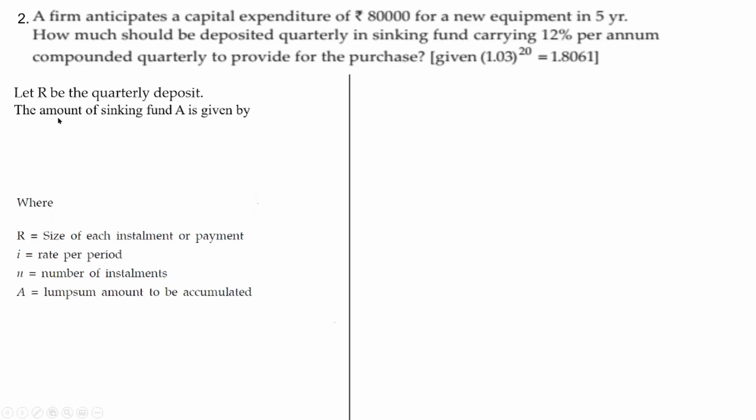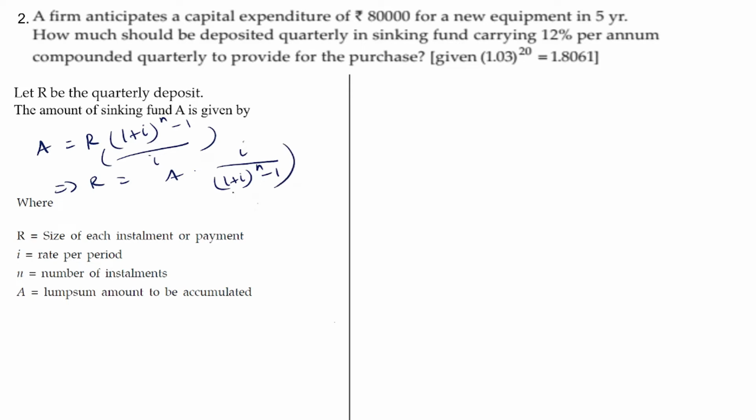Now let R be the quarterly deposit. Then the amount of the sinking fund A is given by A is equal to R into (1 plus I)^N minus 1 upon I. Or from this we can write R as A into I upon (1 plus I)^N minus 1, where R is the size of each installment, I is the rate per period, N is the number of installments, and A is the lump sum amount to be accumulated.